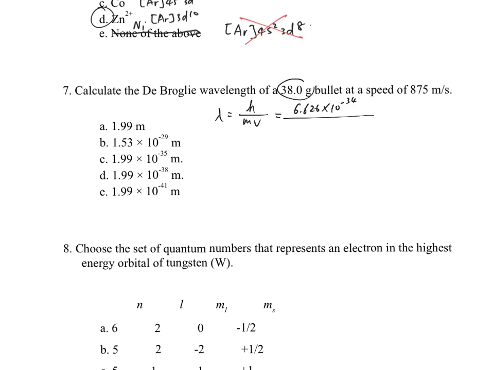The only thing you need to take care of is that the mass in the de Broglie wavelength calculation must be in the international standard unit, kilograms. You have grams here, so you've got to convert to kilograms. Once you do that conversion, you get the right answer, because everything else is just plug and chug. With that, you would calculate C as the right answer. Without it, if you use 38, you end up with a wrong answer.